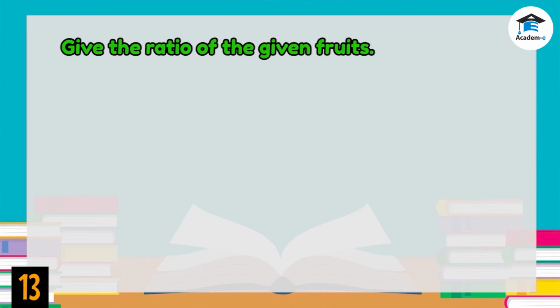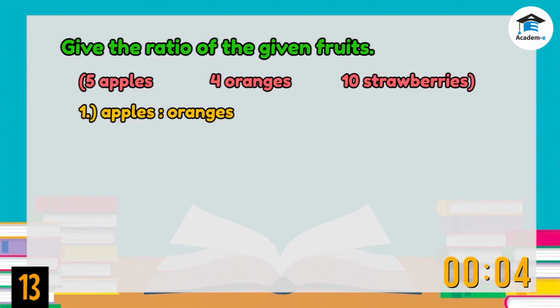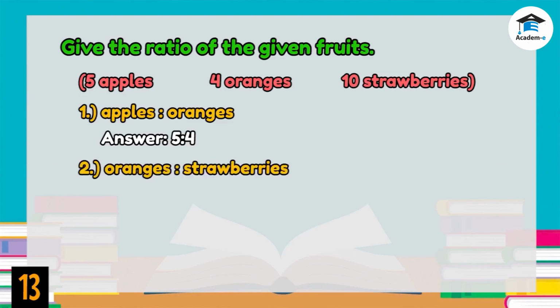Give the ratio of the given fruits. 5 apples, 4 oranges, 10 strawberries. 1. Apples to oranges. Answer. 5 to 4. 2. Oranges to strawberries.